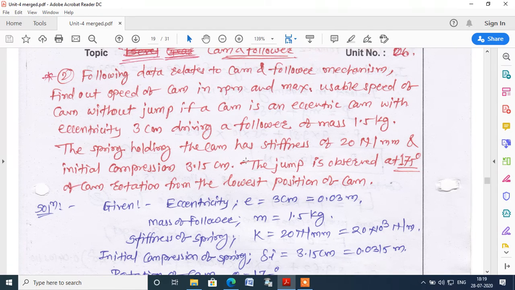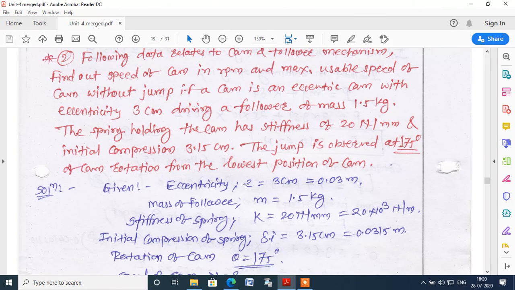The spring holding the cam has a stiffness of 20 Newton per mm and an initial compression of 3.15 cm. The jump is observed at 175 degrees of cam rotation from the lowest position of the cam. So we have to again find out the speed of cam in rpm.